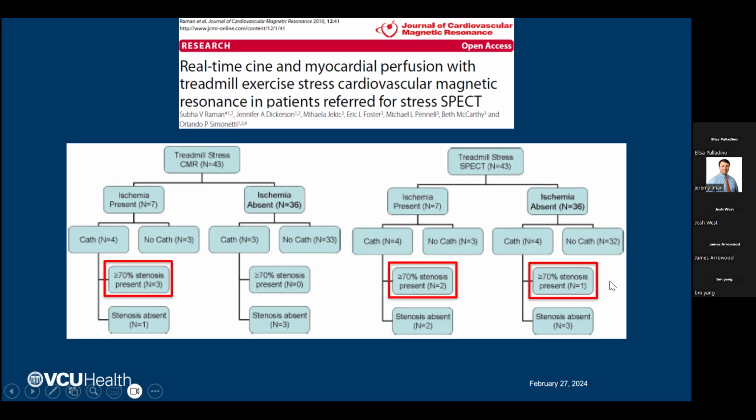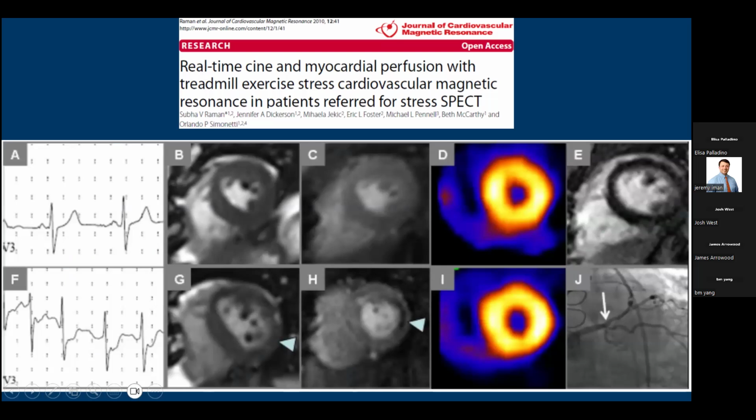They missed someone with a greater than 70% stenosis, and this was that case where here's the CMR imaging at exercise, imaging cinematic. This is the first pass perfusion. We can see there's very clearly a perfusion defect in the circumflex territory.